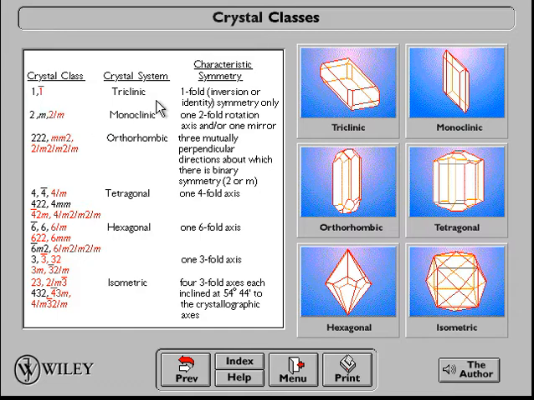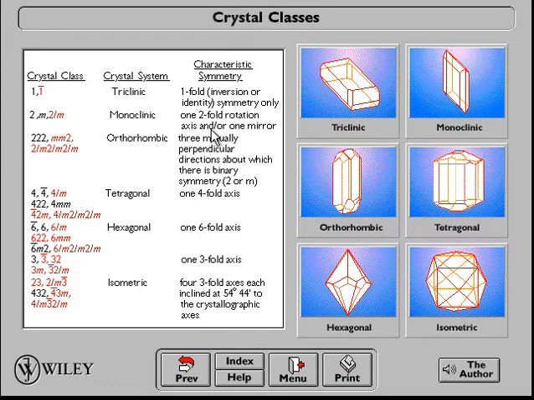Now we are going to the monoclinic crystal. Here we have a monoclinic crystal. It can have the crystal classes 2, or we have M for a mirror plane, or we have 2 over M. The characteristic symmetry is a two-fold rotation axis and or one mirror.